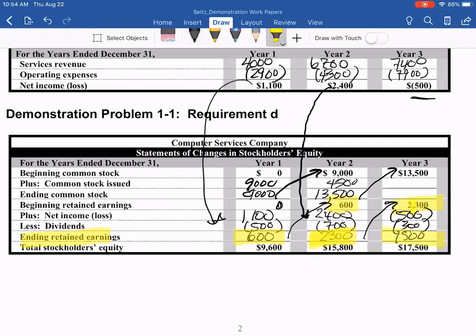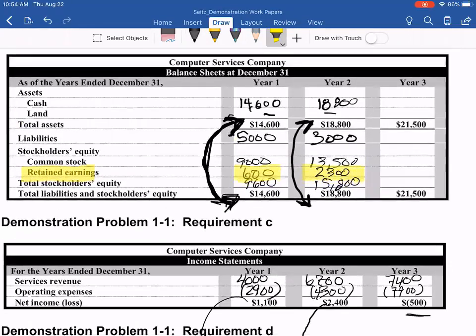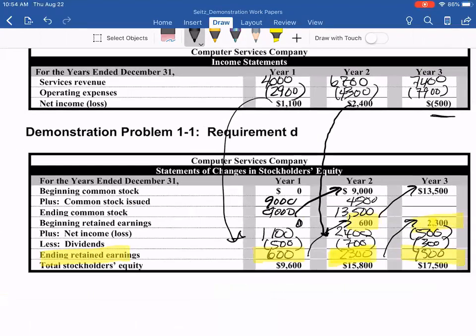That number will also go up to the retained earnings ending balance right there whenever we are calculating. Let's go ahead and do the common stock while we're here. We had a beginning balance of 13,500. We added or issued $2,500 more. So now we have an ending common stock balance of 1,600.